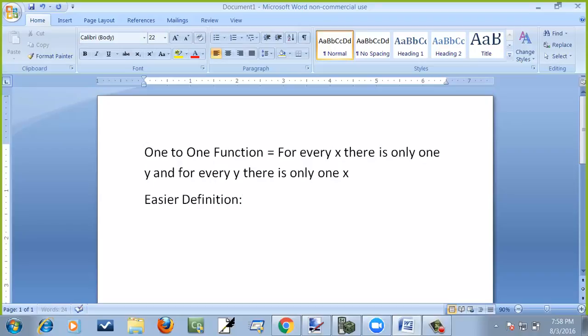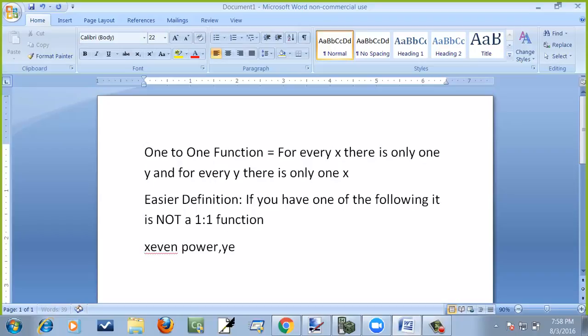Our easier definition says if you have one of the following, it is not a one-to-one function. Now it might be a function, but it's not a one-to-one function. You got x to an even power.